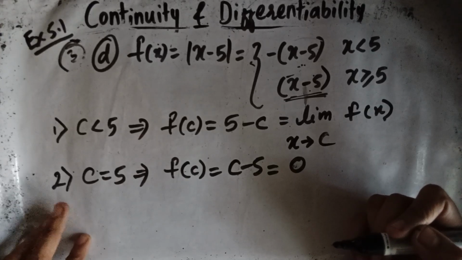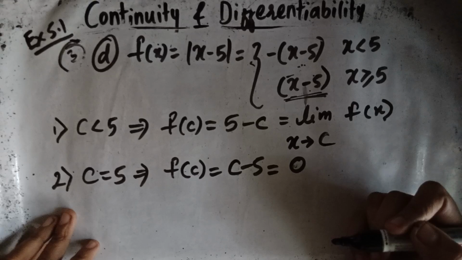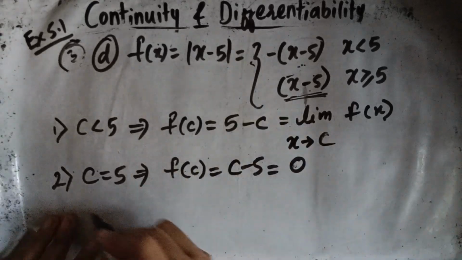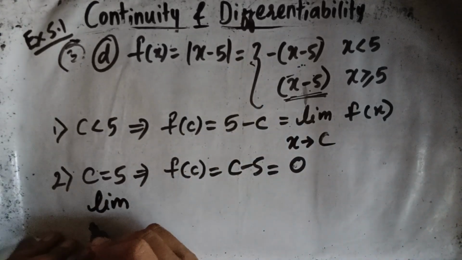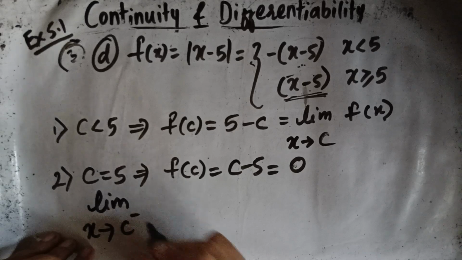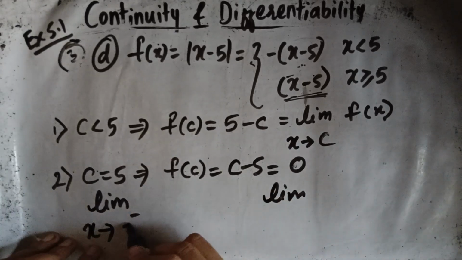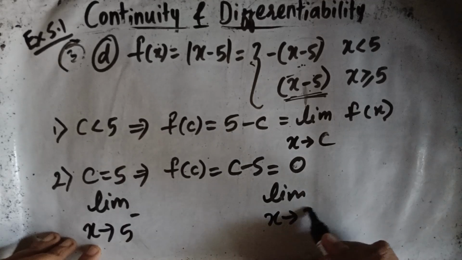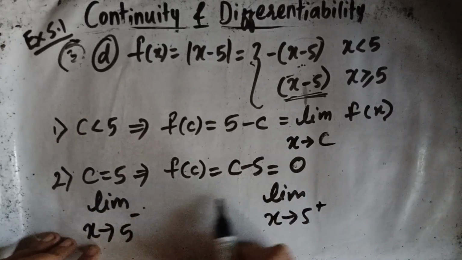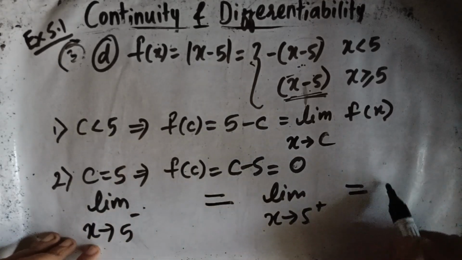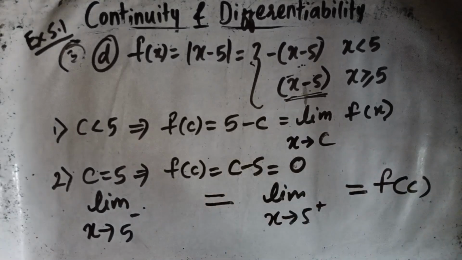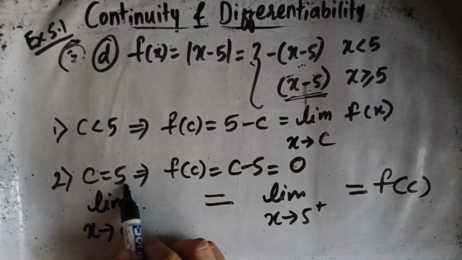So if you approach from the left, the limit as x tends to 5 minus, and the limit as x tends to 5 plus, both answers will be the same, which is equal to f of c. So it is continuous at c equal to 5.